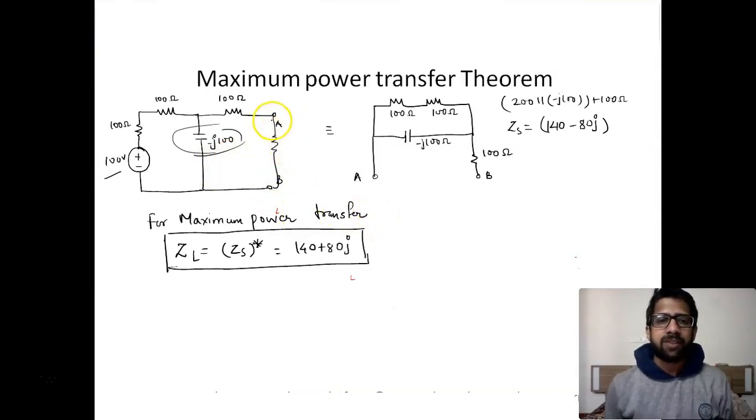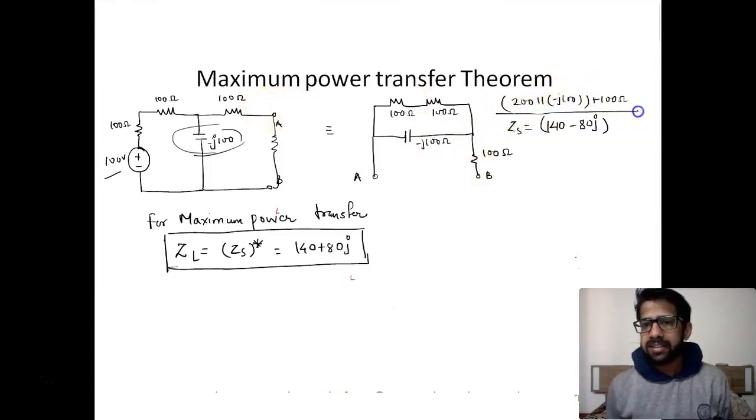To find that, we need to first calculate the internal resistance. To calculate the internal resistance, we shall disconnect the 100 volt source. After disconnecting this source, we find 100 and 200 ohm resistances are in series, and minus j100 ohm is in parallel to it, and to this combination, the 100 ohm is again in series.